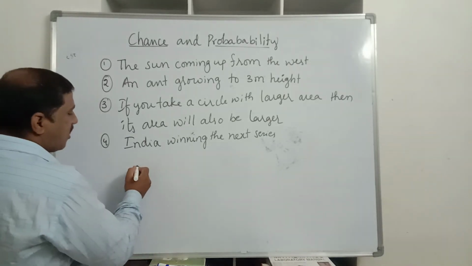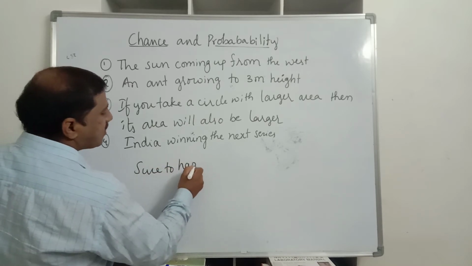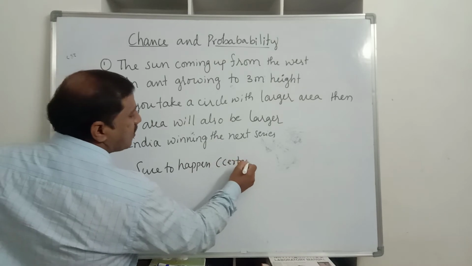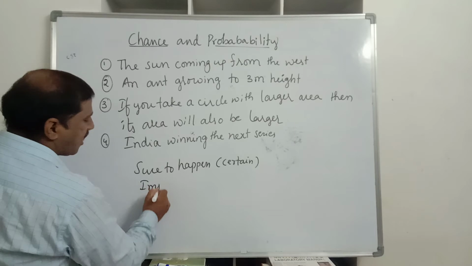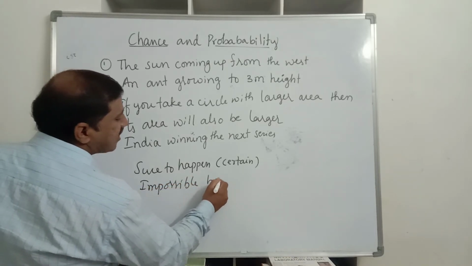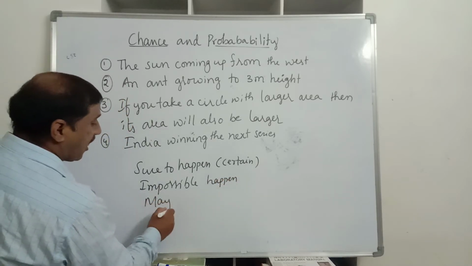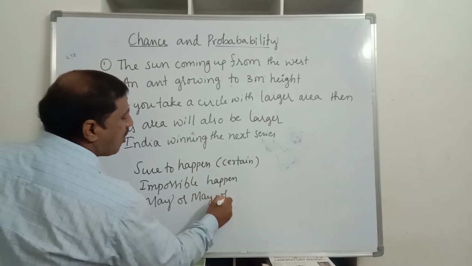One, it is sure to happen, or it is certain to happen. Certain means compulsory to happen. Two, it is impossible to happen, that is, it is not possible to happen. The third case, it may or may not happen.